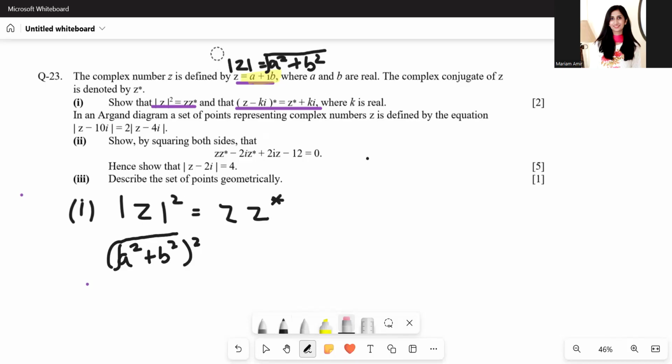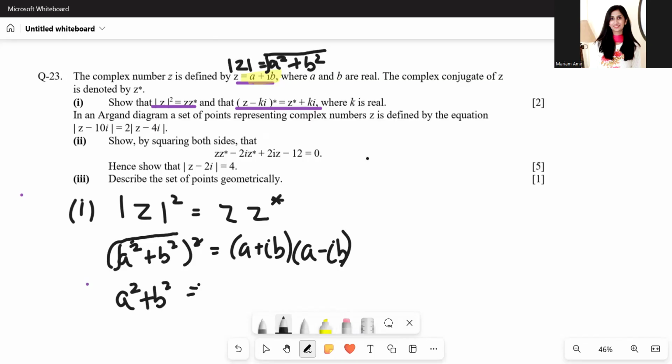Next is equals z times z conjugate. So z is a plus ib, and z conjugate is a minus ib. The left hand side becomes a squared plus b squared, and the right hand side becomes a squared minus iab plus iab minus b squared i squared, so that's going to be another minus 1.